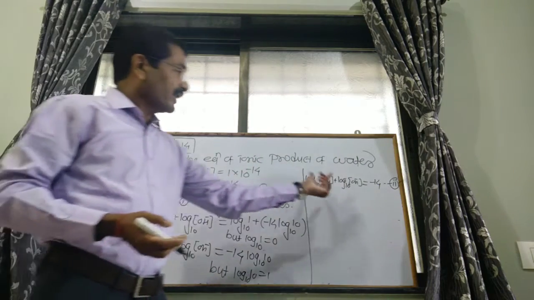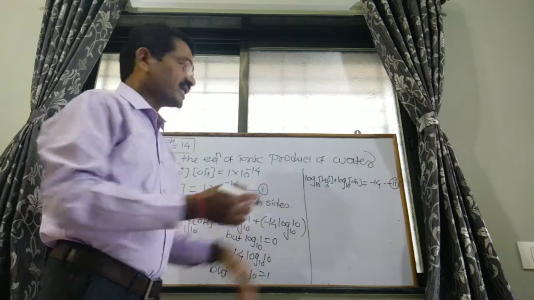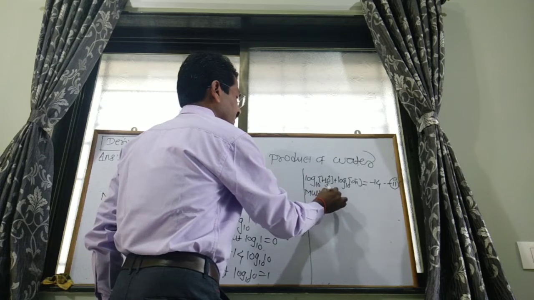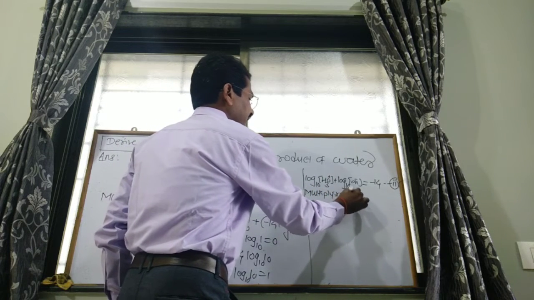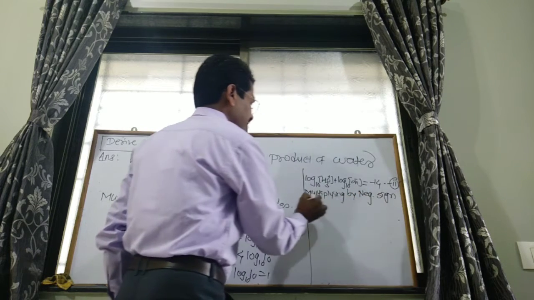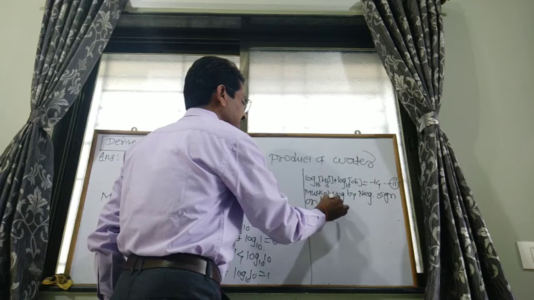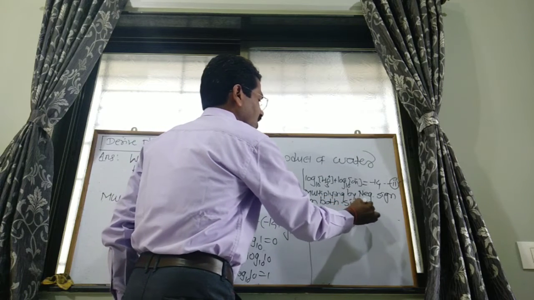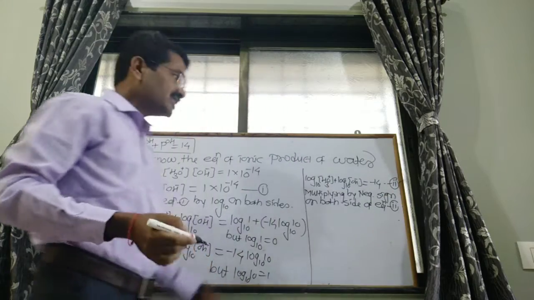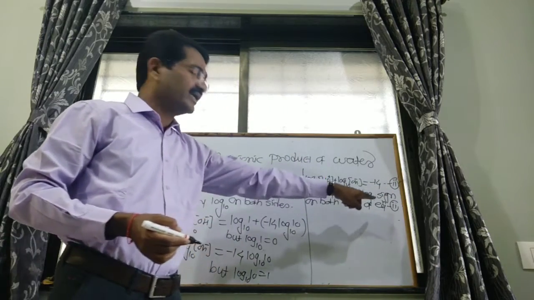Again, multiply both sides of the second equation by a negative sign.